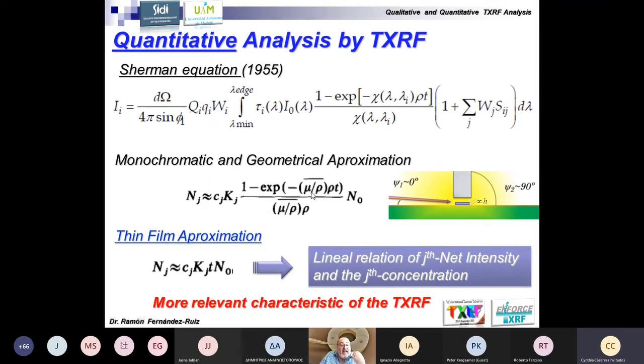And if additionally we apply the thin-film approximation, which is how we usually work with TXRF, we obtain this very beautiful equation that implies a linear relation between each one of the intensities.